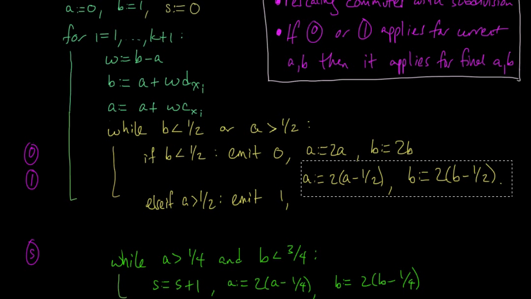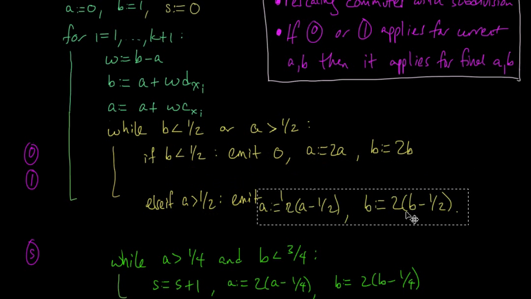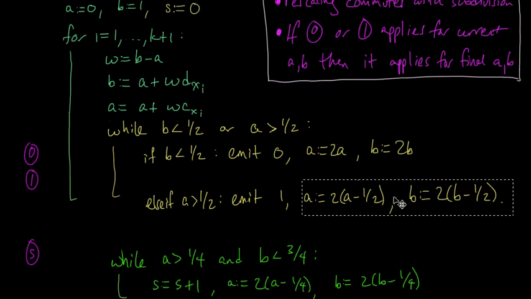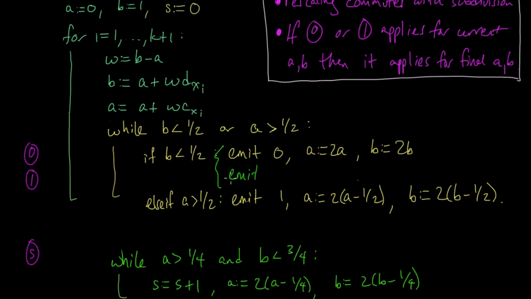Put this down. Cut. Paste. And what we're going to do now is just modify these emissions right here to account for the fact that we had those ones. So in this if case, all of this is going to happen now.